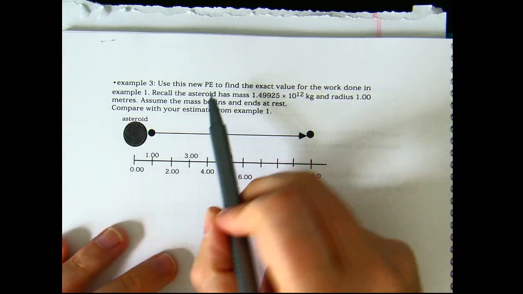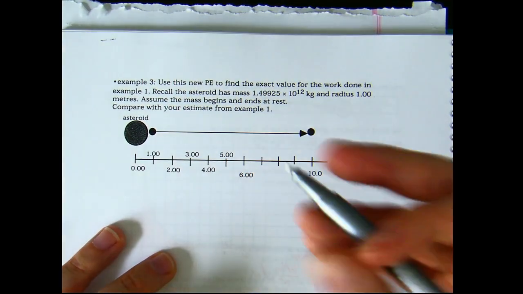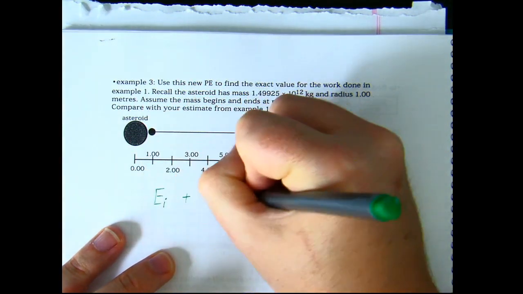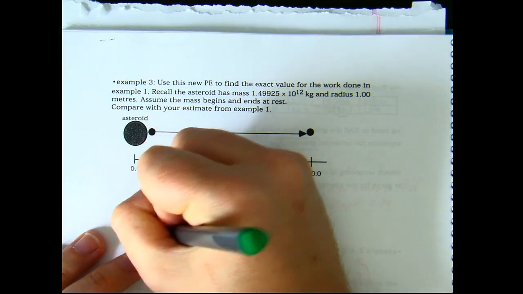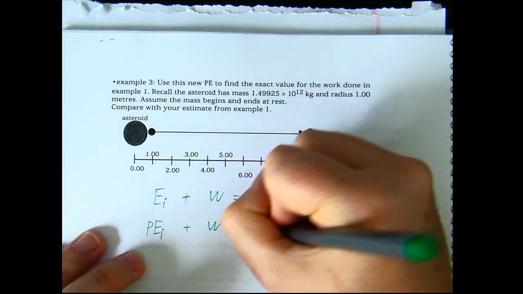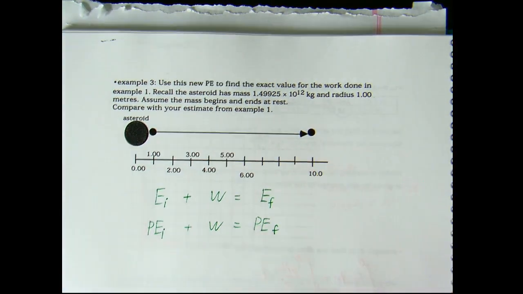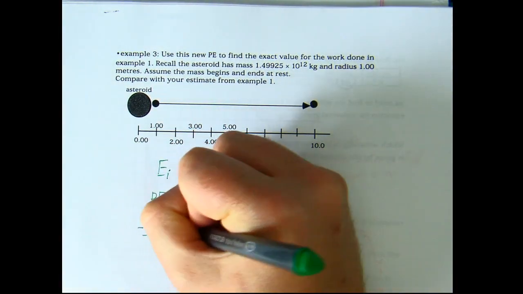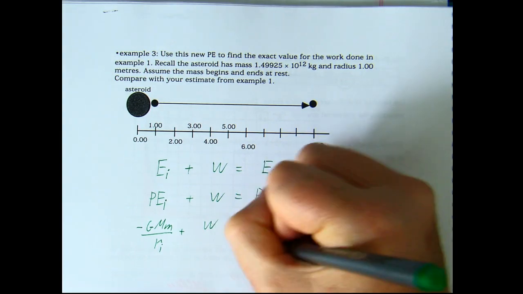So using this new potential energy, we want to find the exact value of the work done in example 1, which we have already seen before, but we're going to use the work-energy theorem now. Our initial energy plus work equals energy final. So there's some gravitational potential energy initial, we're looking for the work done to move the thing, and there's some potential energy at the end, just to move it to 10. So we get negative GMm over r initial plus work equals negative GMm over r final.